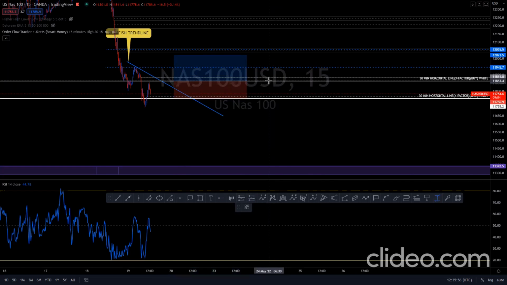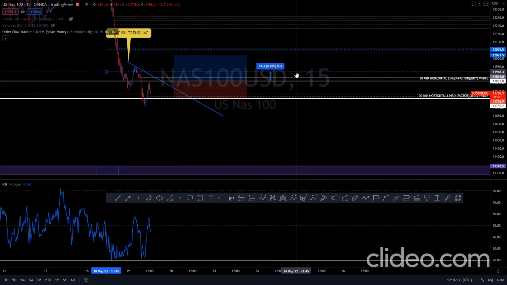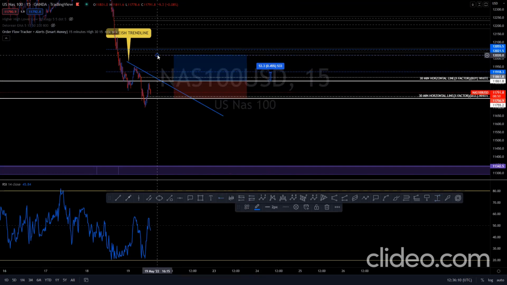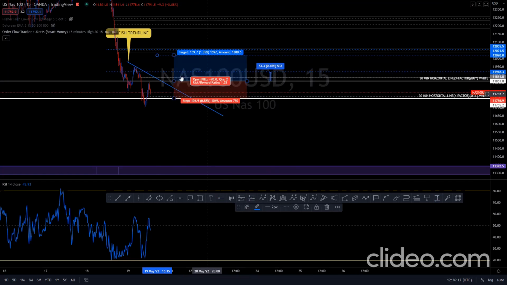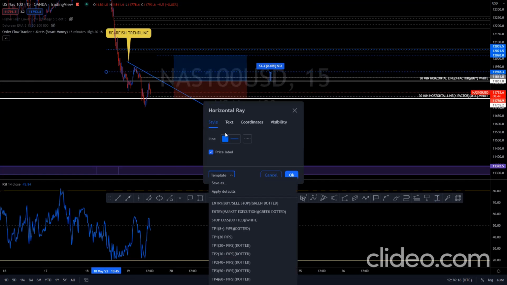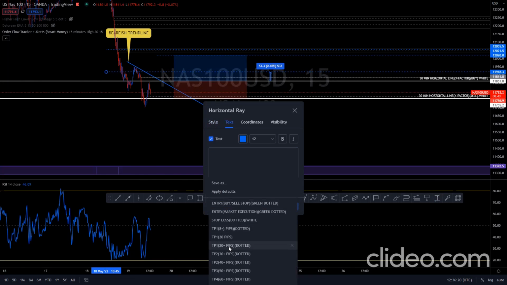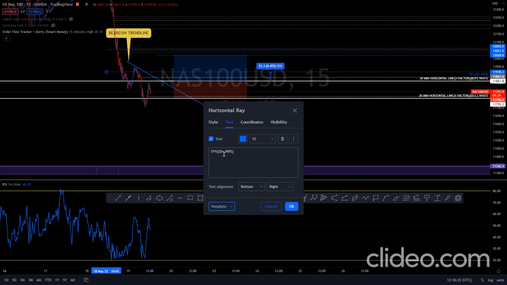So let's see here. Put it right here, we can make a take profit one. And up here is going to be TP2. Okay. TP1, which is 530 plus pips.